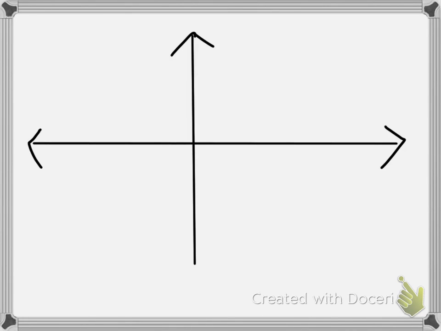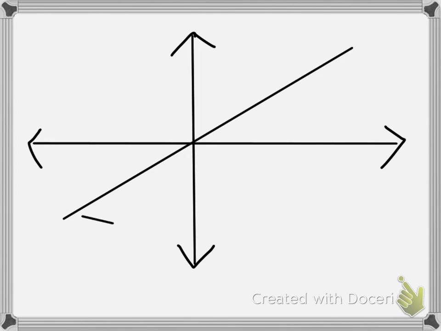However, reflection doesn't always have to be performed with respect to the x-axis and y-axis only. It can be performed with respect to any line. Say this is your line L, and you want to reflect point A with respect to this line L.